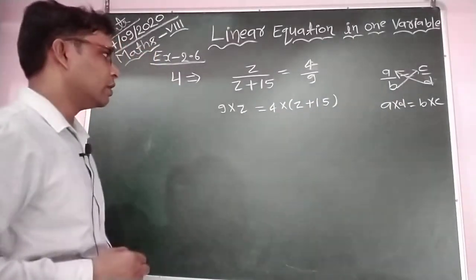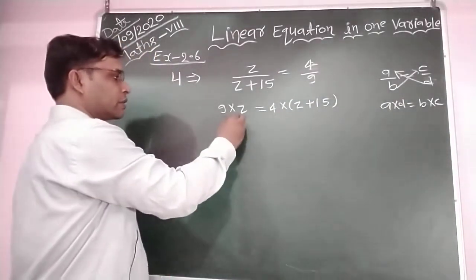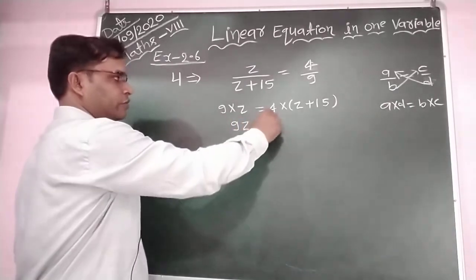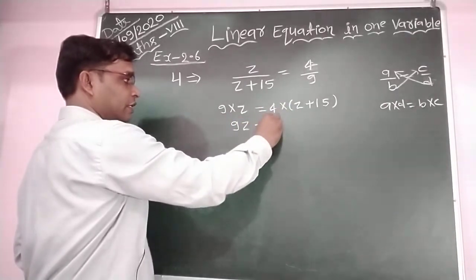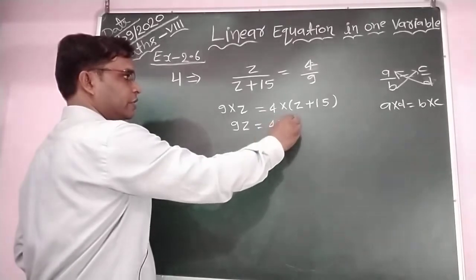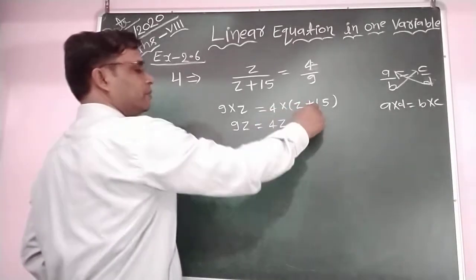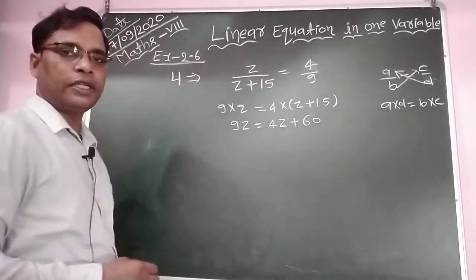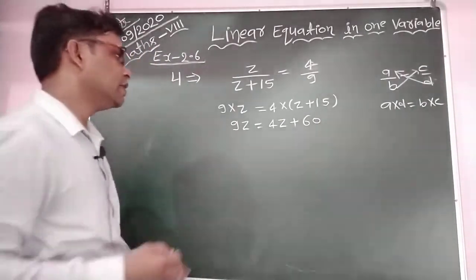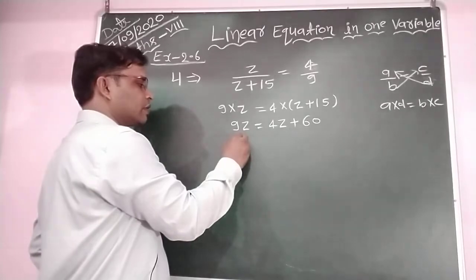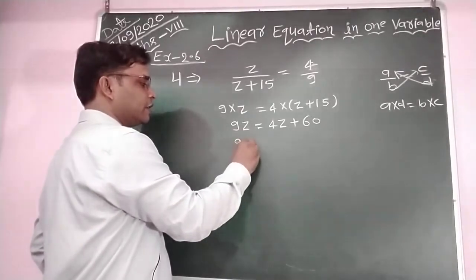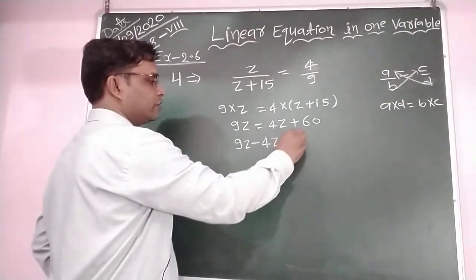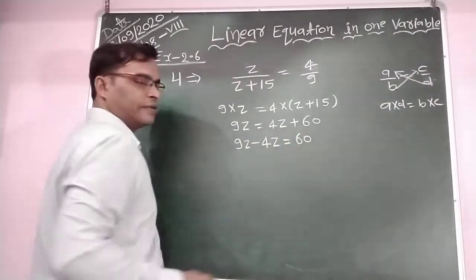Clear? So here 9 into z will become 9z, and 4 into z becomes 4z, plus 4 into 15, this is equal to 60. Clear? Now, so 9z minus 4z is equal to 60.